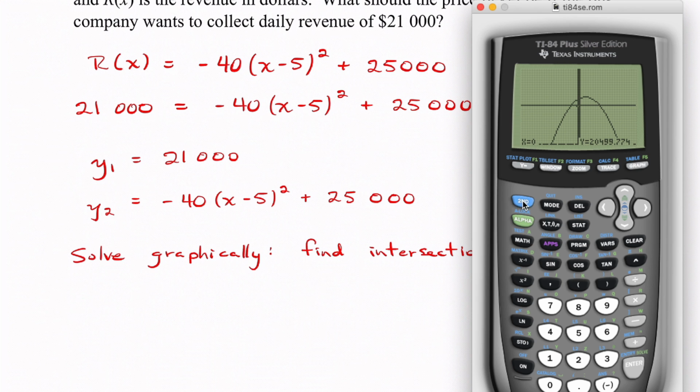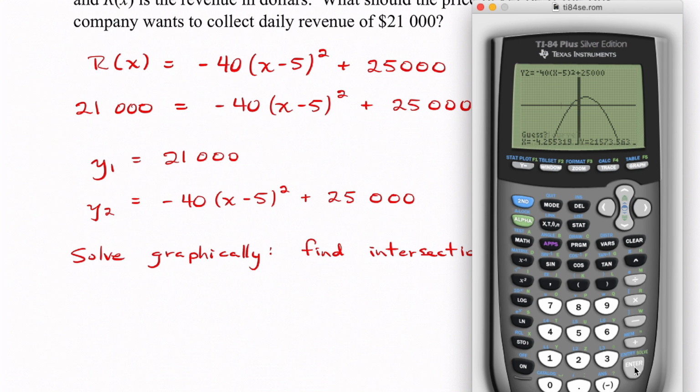So to find those, we're going to go second, calculate, and then we're going to choose intersect. That's going to find where the two graphs cross or intersect. Okay, all you have to do is be on the one curve. So if I scroll left and right, we can see we're on that straight line. Click enter. The second curve, we can see we're on the parabola.